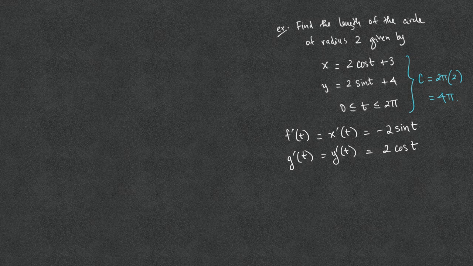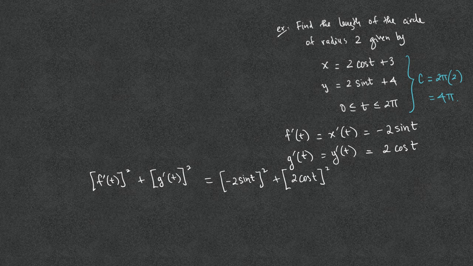We then square f prime of t and g prime of t and add them up. The square of f prime of t is minus 2 sine of t squared, and the square of g prime of t is 2 cosine of t squared.